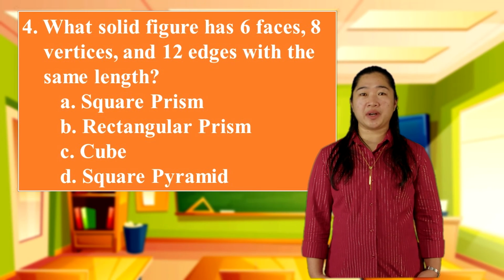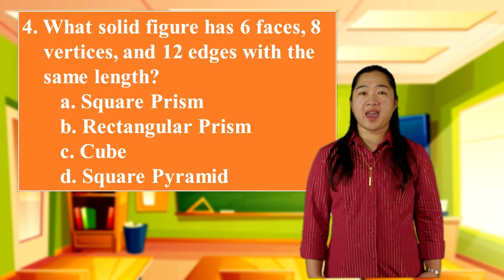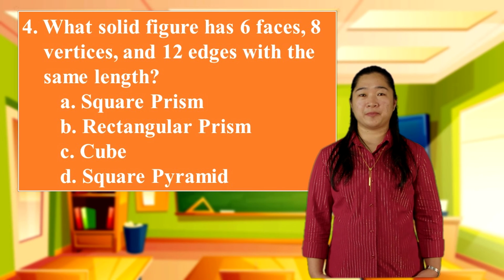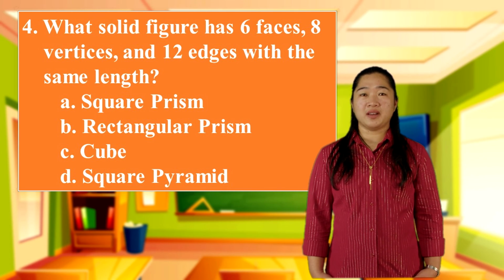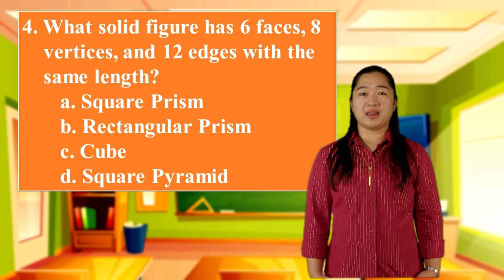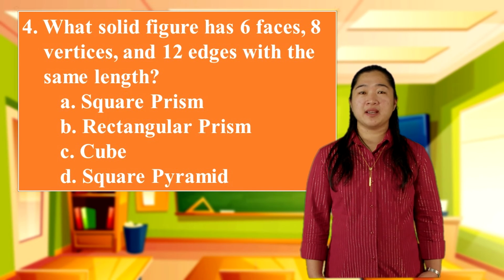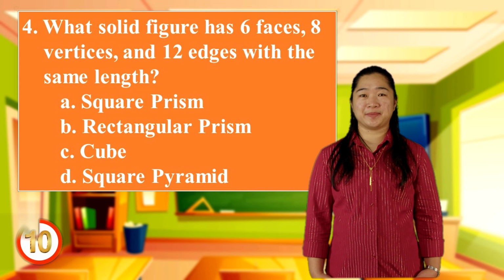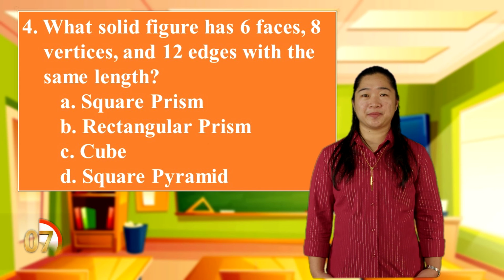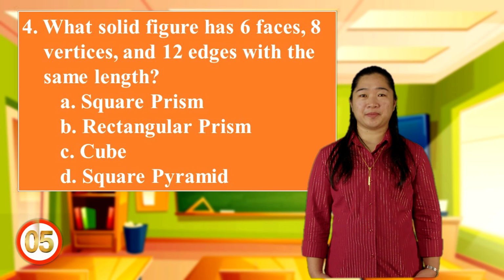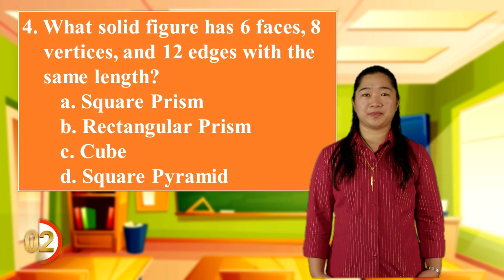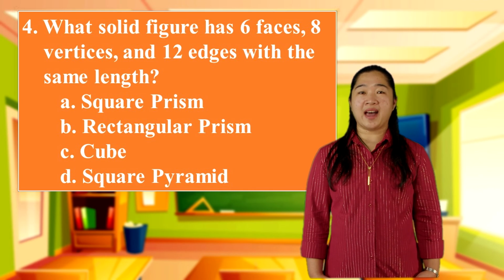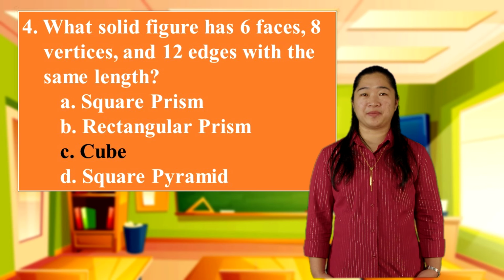What solid figure has 6 faces, 8 vertices, and 12 edges with the same length? A. Square prism. B. Rectangular prism. C. Cube. D. Square pyramid. Brilliant! The answer is letter C.